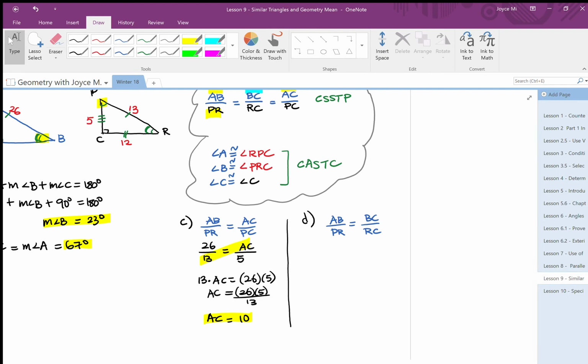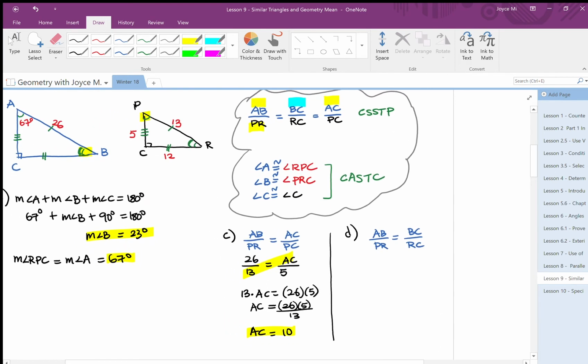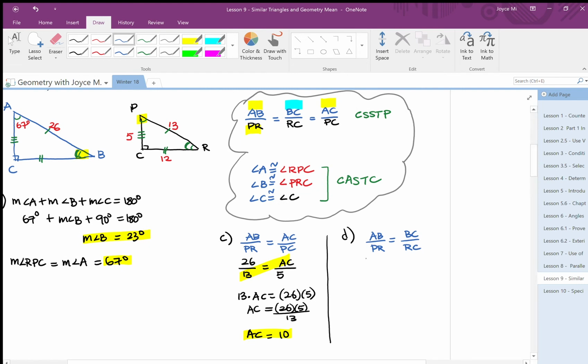Once I've done that, I'm substituting in. AB is the same as before, 26. So 26 over 13 is equal to BC, what I'm trying to find, over RC. And RC is 12, given to me.